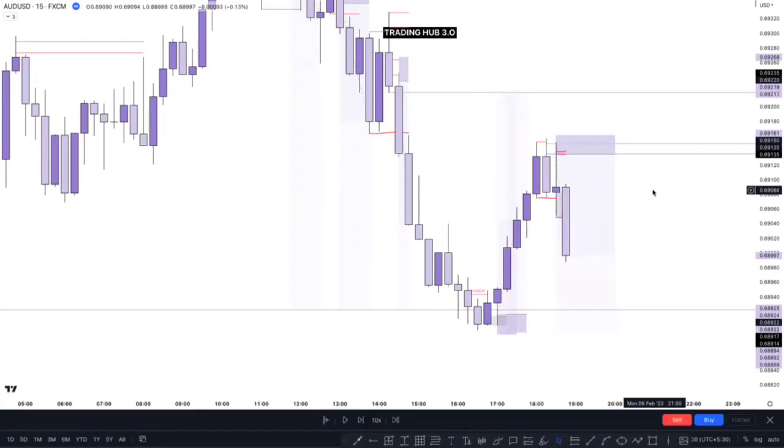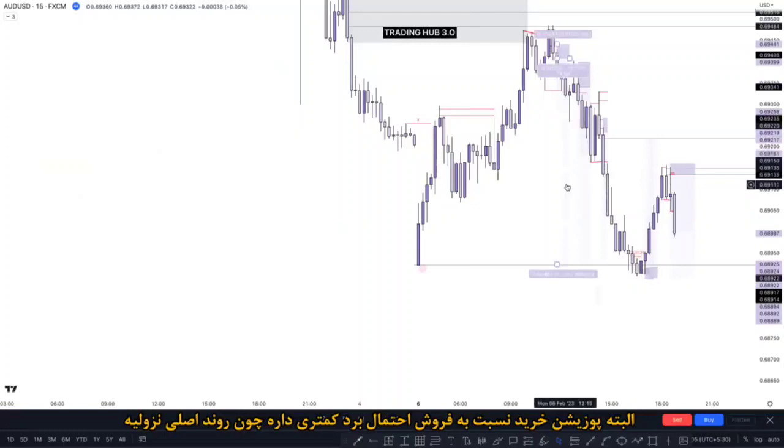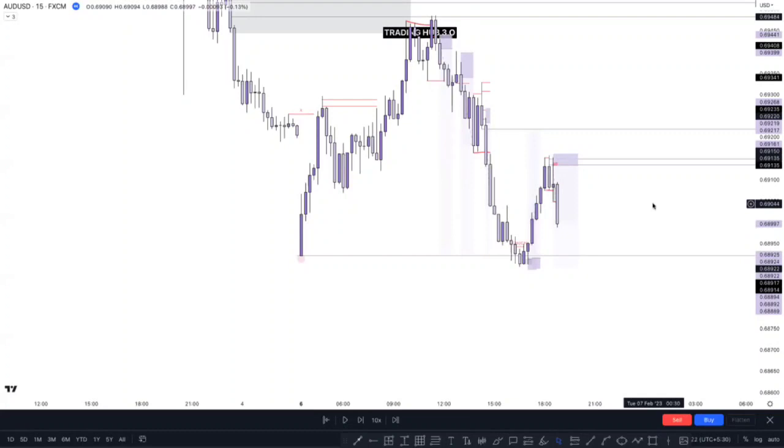And buy is low probability compared to the sell, because sell is our major pro trend. Buy is already grabbed here because the major low was taken out. So at this point, this is a little bit risky buy compared to this one.